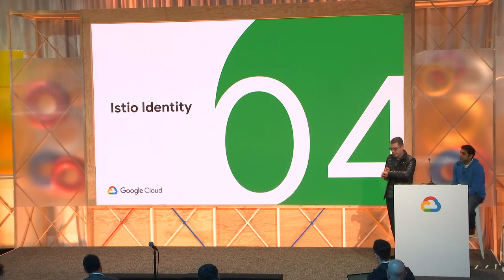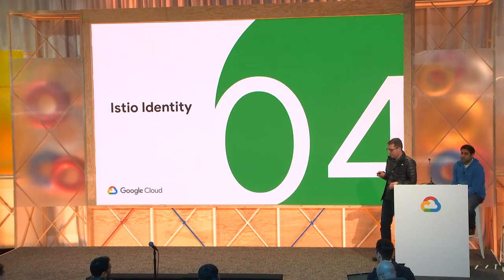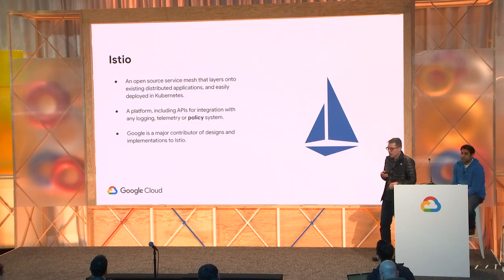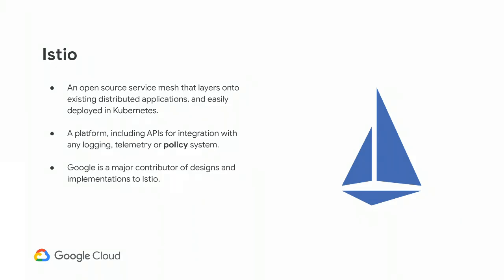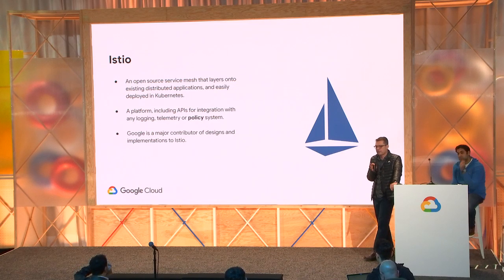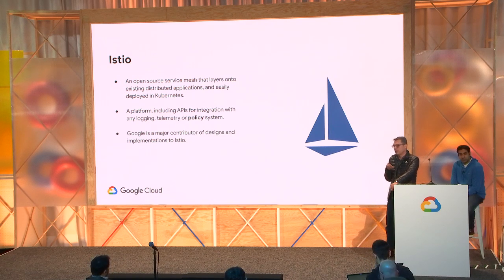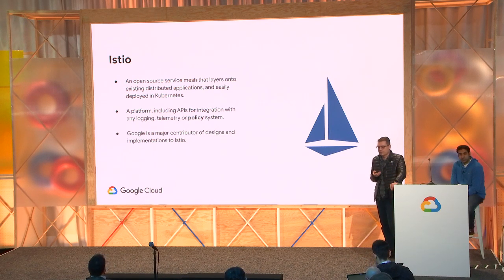And now I'm going to give you an overview of identity authentication in a hybrid environment. So Istio is an open source mesh that layers transparently on existing distributed services, and is also a platform, including APIs that let you integrate with any logging, telemetry, or policy system.